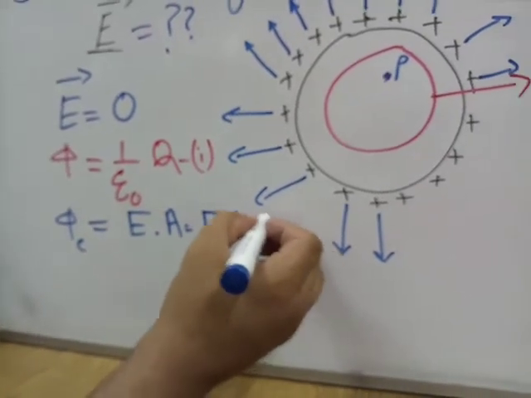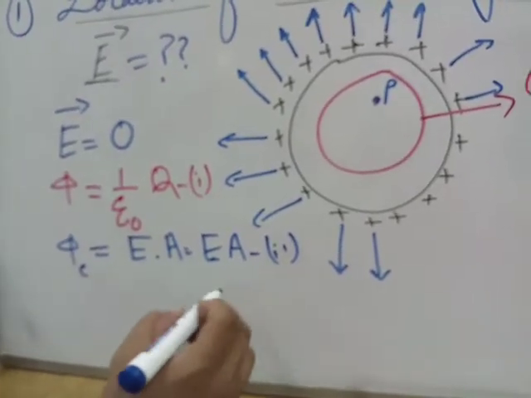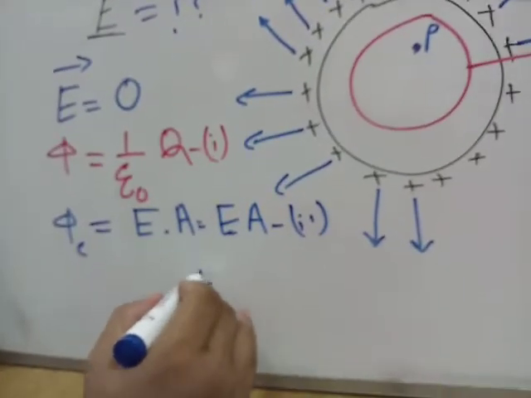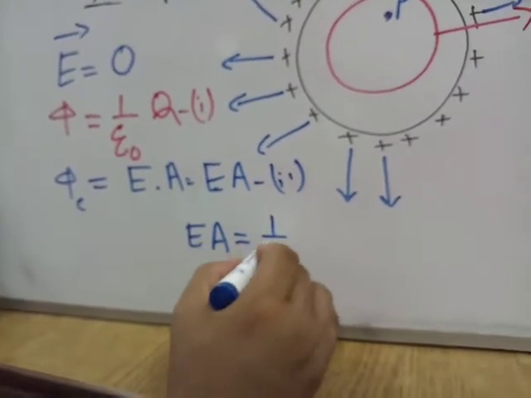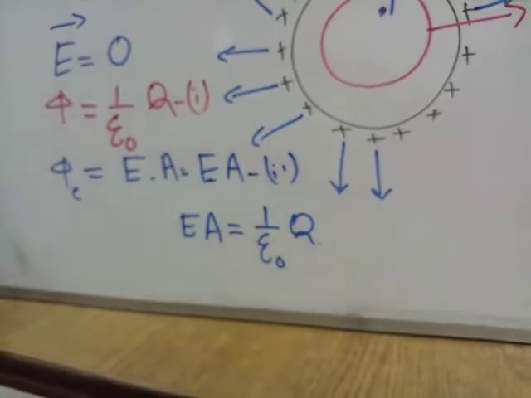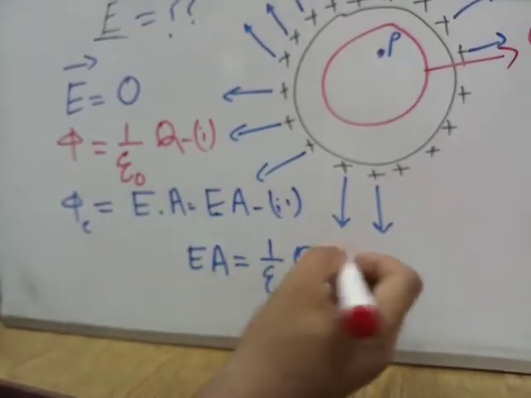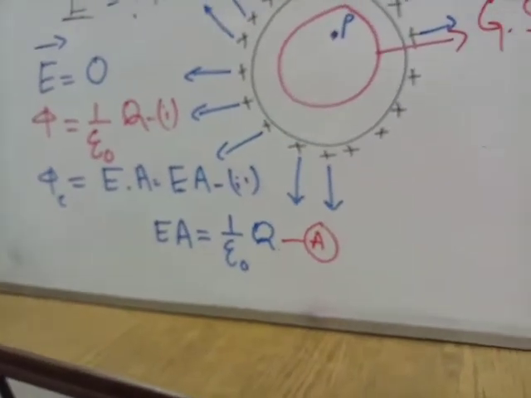So this is equation 2. When we compare equations 1 and 2, we get EA equal to 1 over epsilon naught times charge q. Let me say this is equation A, a general equation.